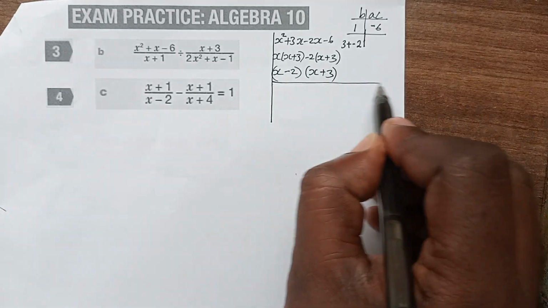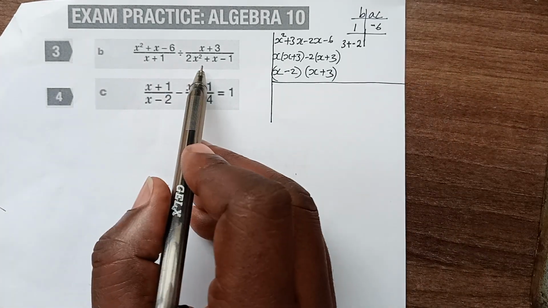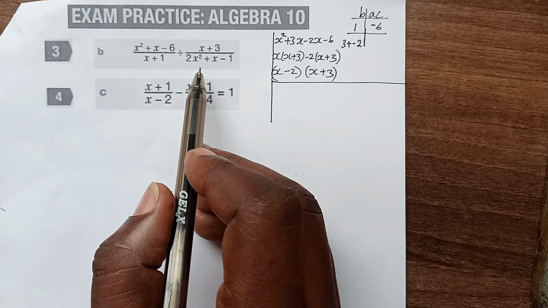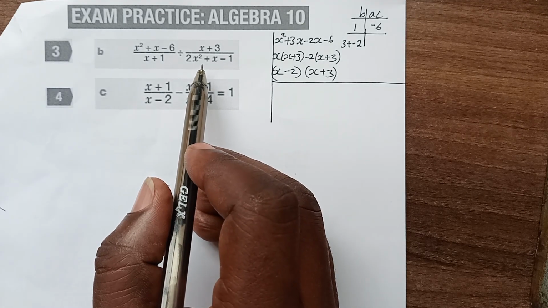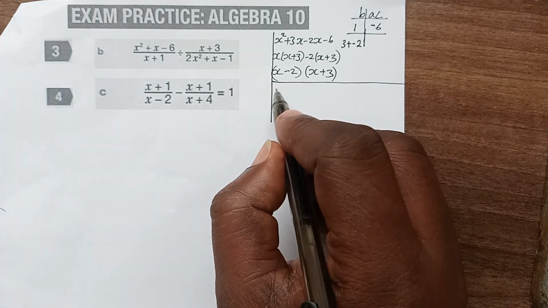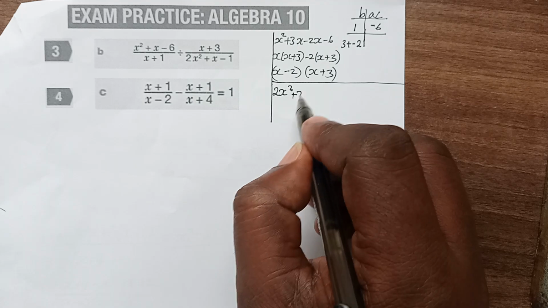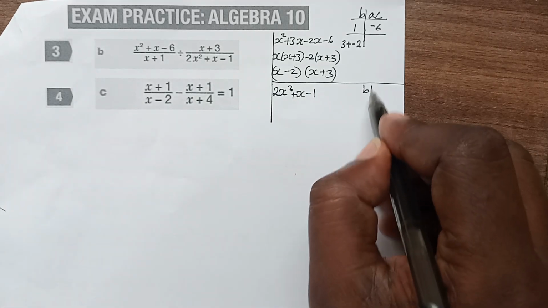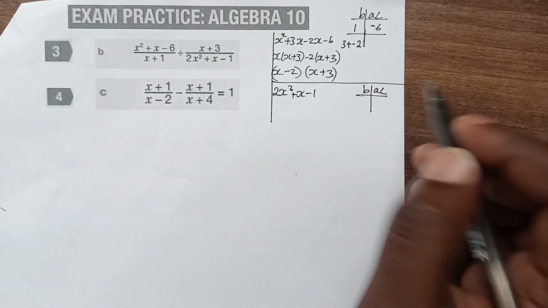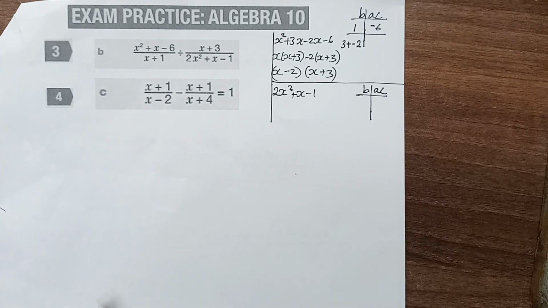That is as far as that part is concerned. The other part we need to factorize is the denominator of the divisor, which is 2x squared plus x minus 1, through the BAC approach.